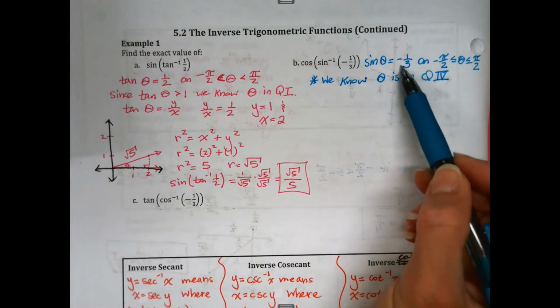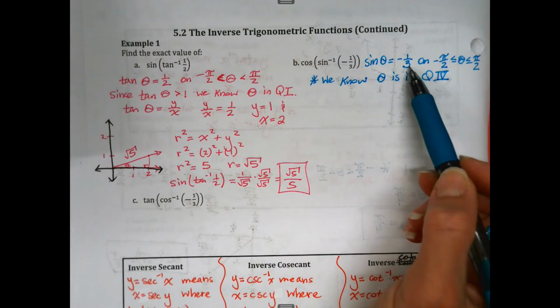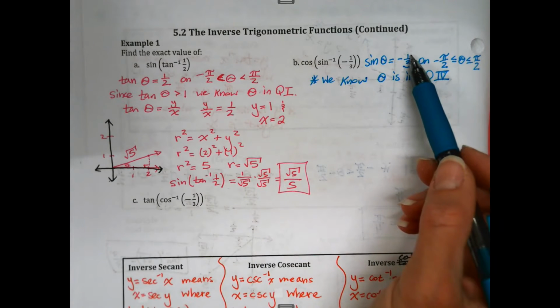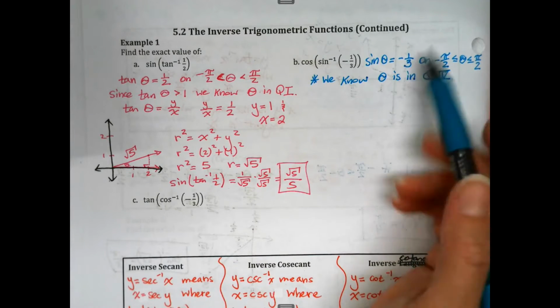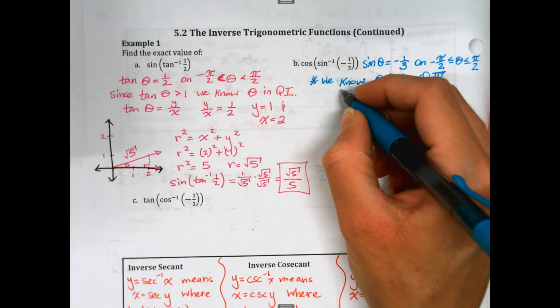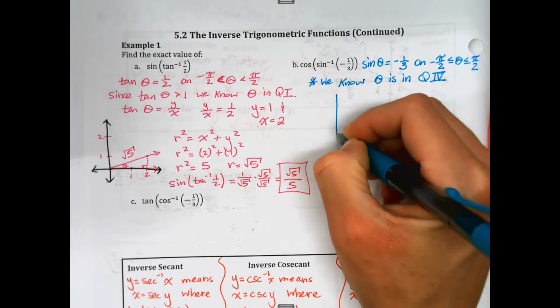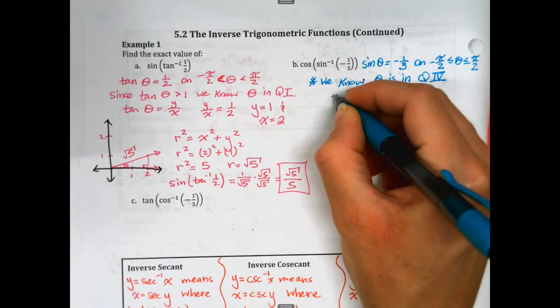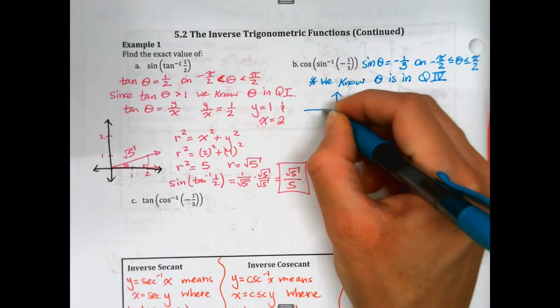Because sine of theta is -1/3, that tells us that the y value is going to be -1 and our r value is going to be 3. So we can think about this or draw this out in quadrant number 4 here.